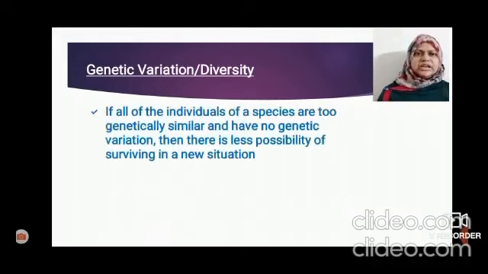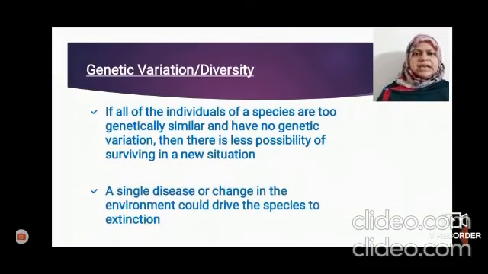If all of the individuals of a species are too genetically similar and have no genetic variation, then there is less possibility of surviving in a new situation. A single disease or change in the environment could drive the species to extinction.